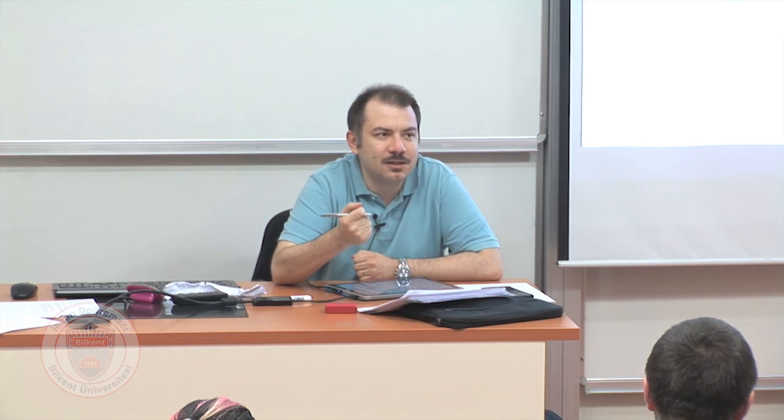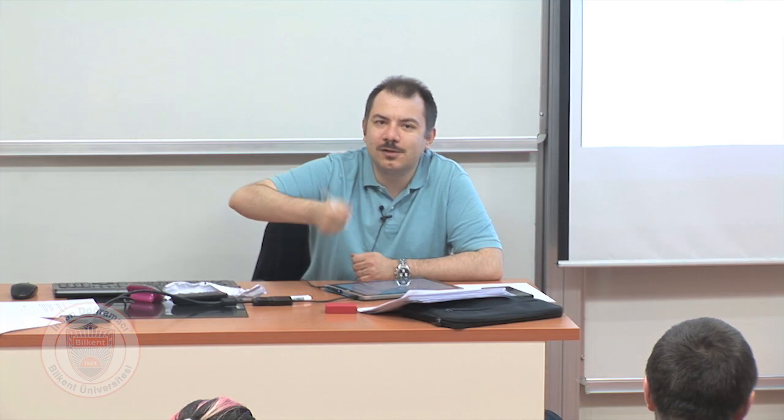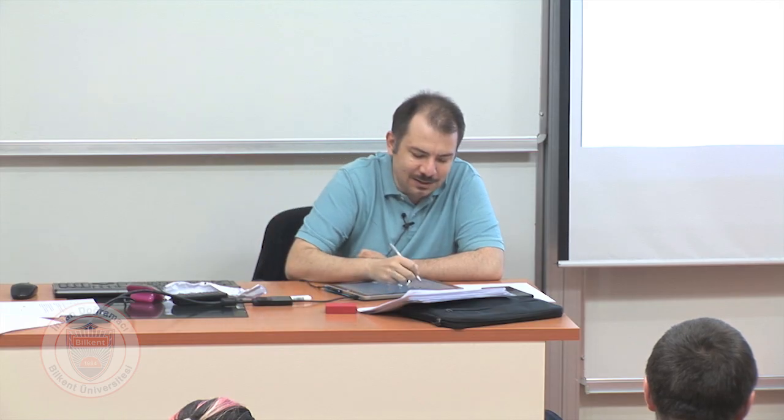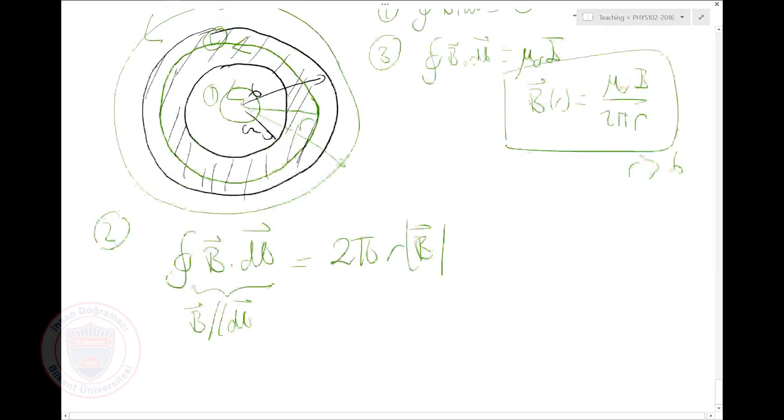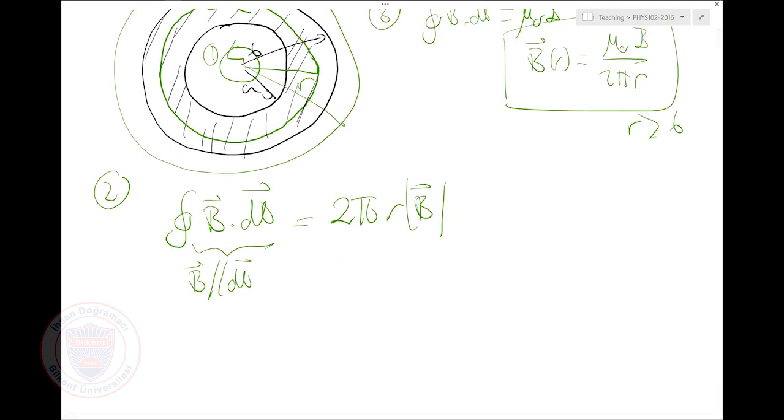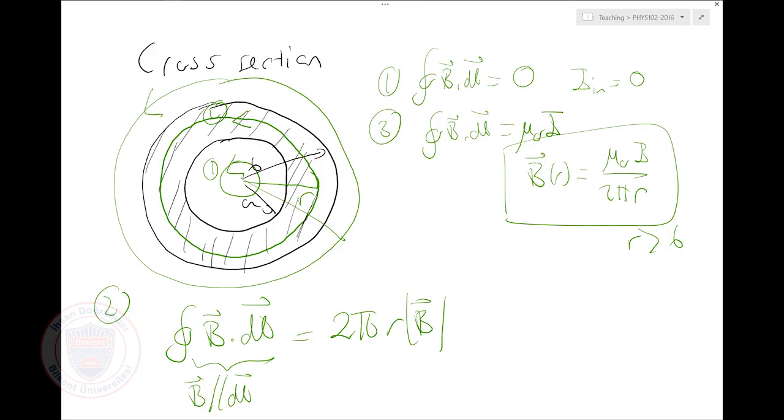Okay, and symmetry was the same for the first loop, second loop, third loop. The symmetry tells me that B is parallel to dl, so this is just going to be 2 pi r times B magnitude again. Nothing is different. But here for the second loop, what is I in? That's the hard part. Now, where is the current flowing? It's flowing only between a and b.